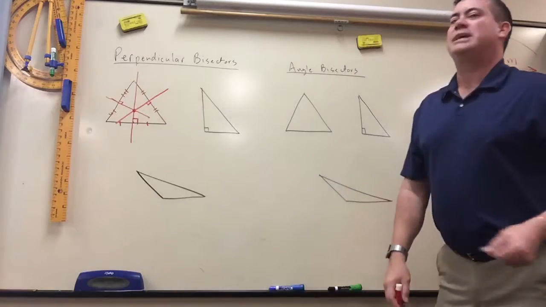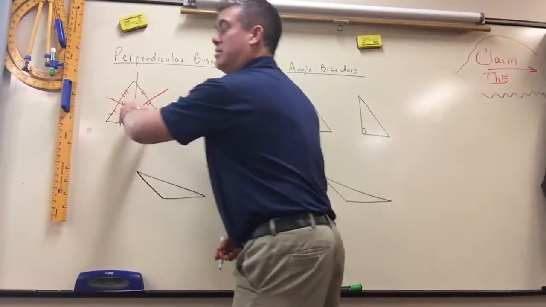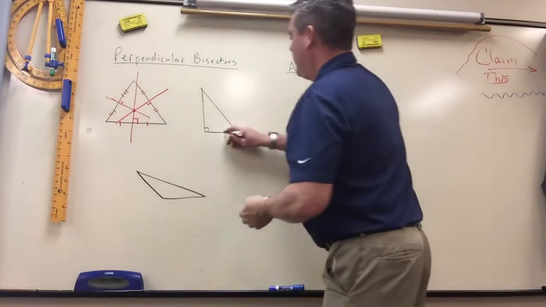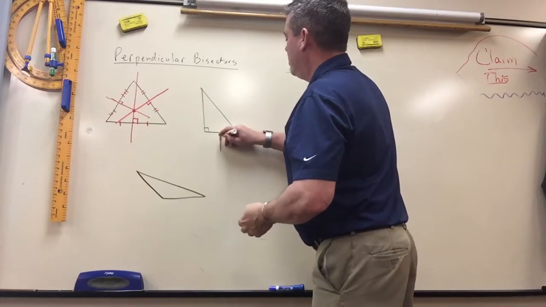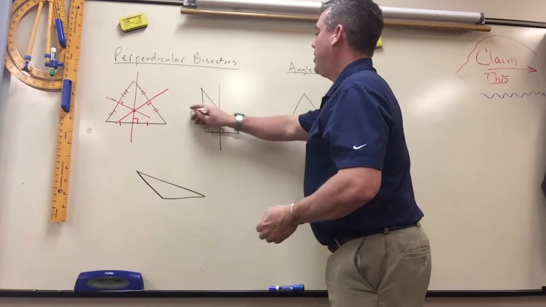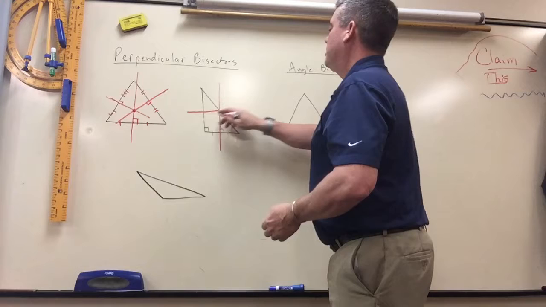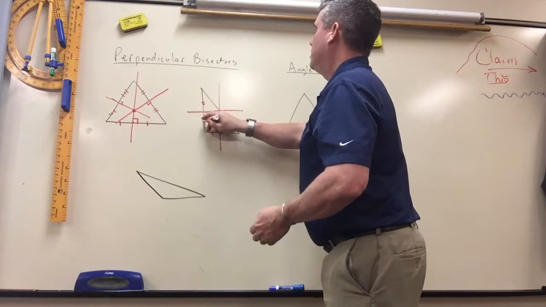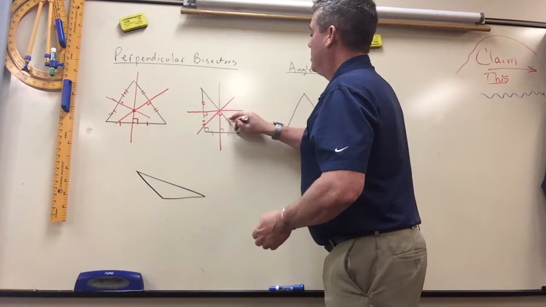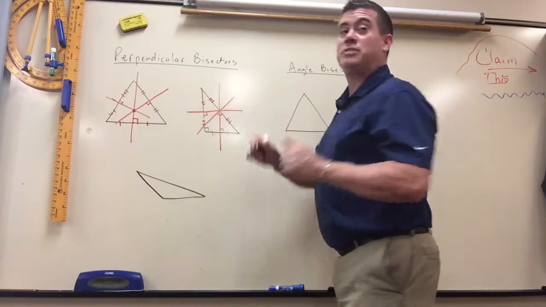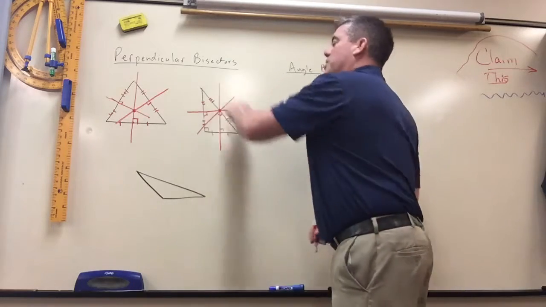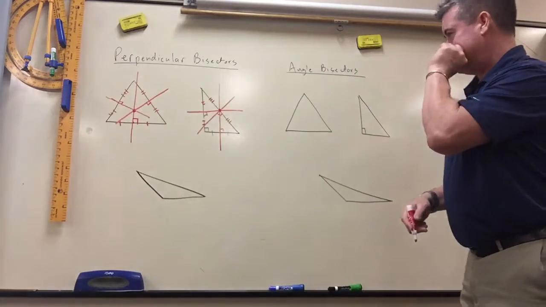So, if it's an acute triangle, that point of concurrency is on the inside. When you do this one, if I bisect that side, and then bisect this side, and then bisect this side, the point is not on the outside, it's on it. It's right on the midpoint of the hypotenuse.